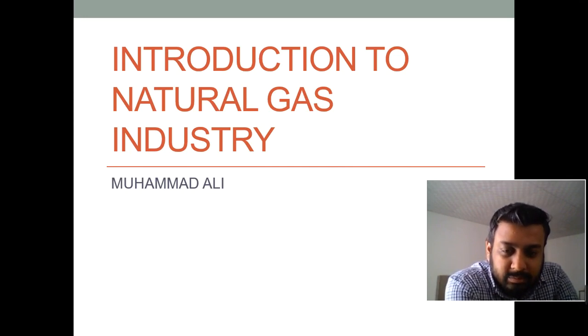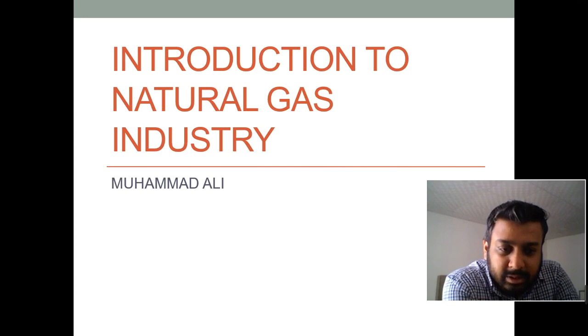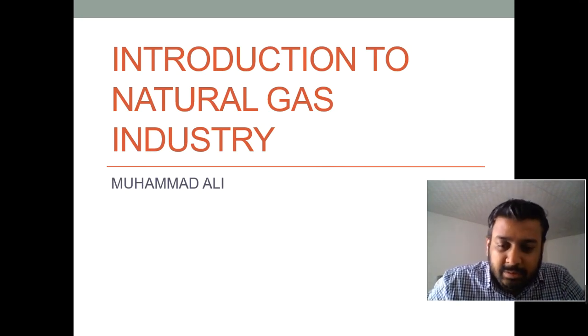The second use of this natural gas is in cars. We have compressed natural gas (CNG), and many Asian countries are using it for transportation purposes. Then for industrial purposes, many industries where there's a lack of electricity from the government are using power generators, or what we call gensets.